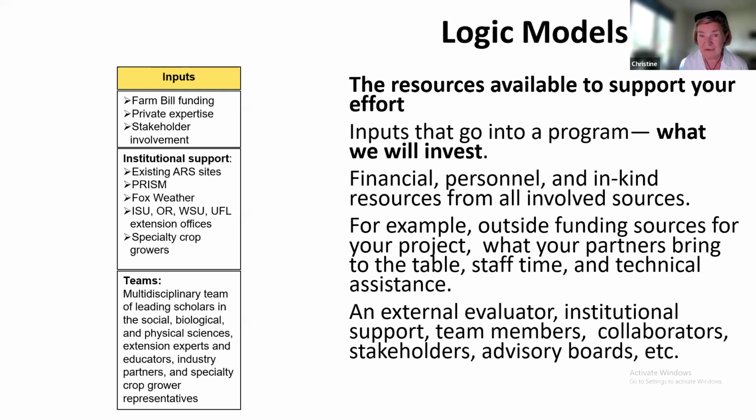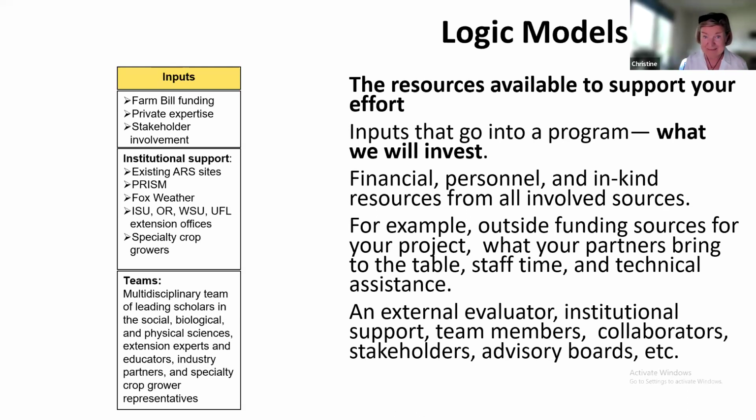And then there's stakeholder involvement by farmers and growers. Then there's, in this case, institutional support, existing RAS sites. There was a model that was implemented here, Fox Weather, several universities involved, and a group of specialty crop growers.